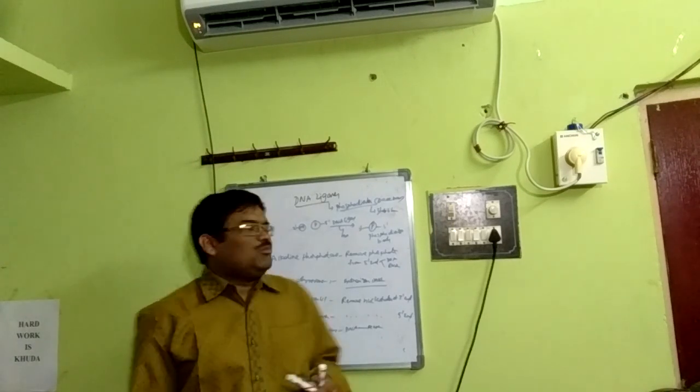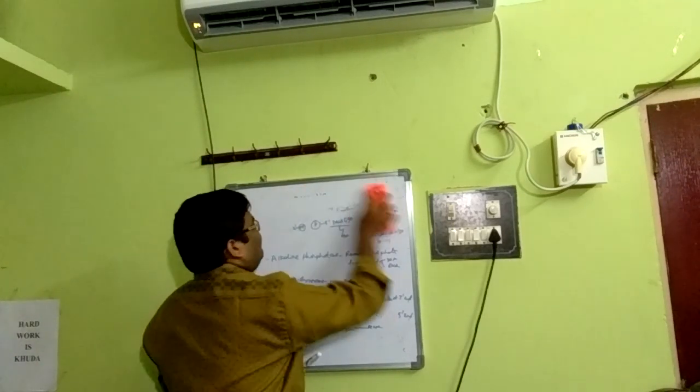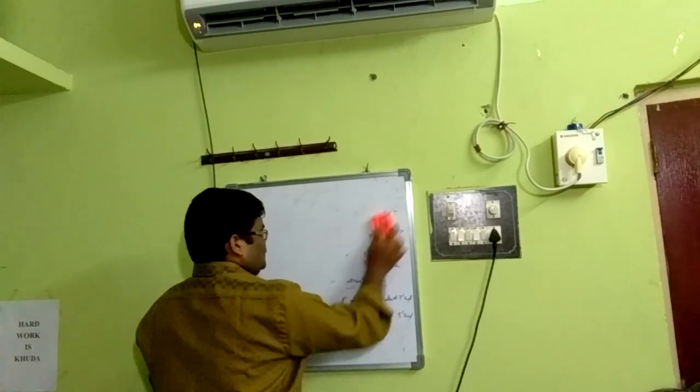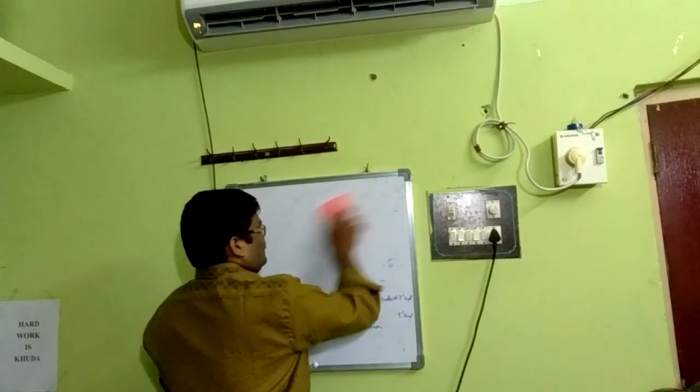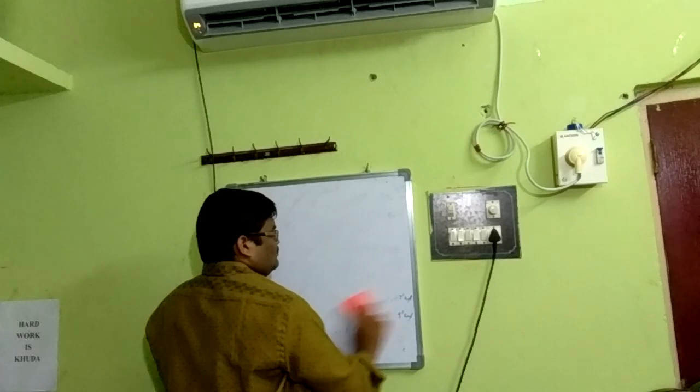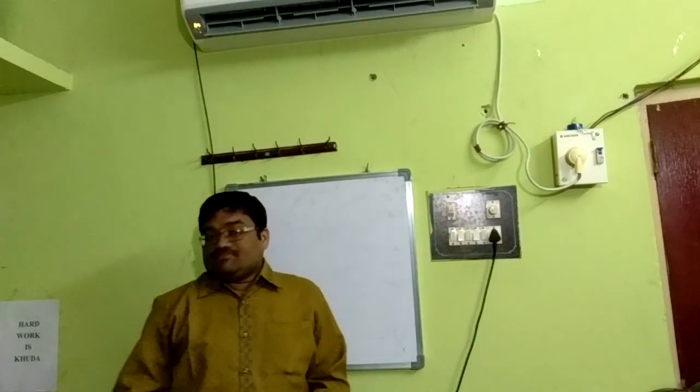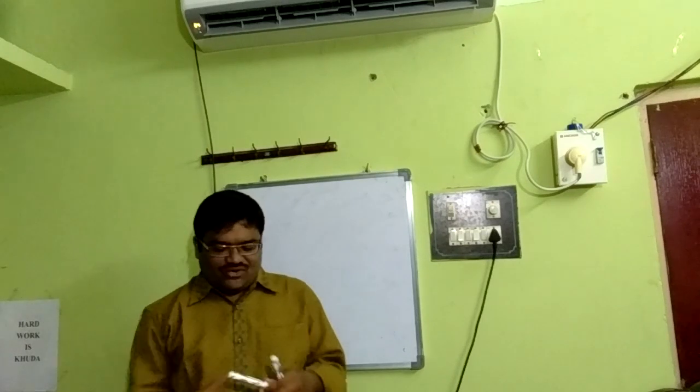Then the next important molecular tool is vectors, the vectors used in recombinant DNA technology. Before that, as I told already, we require a host, what we call cloning factories.